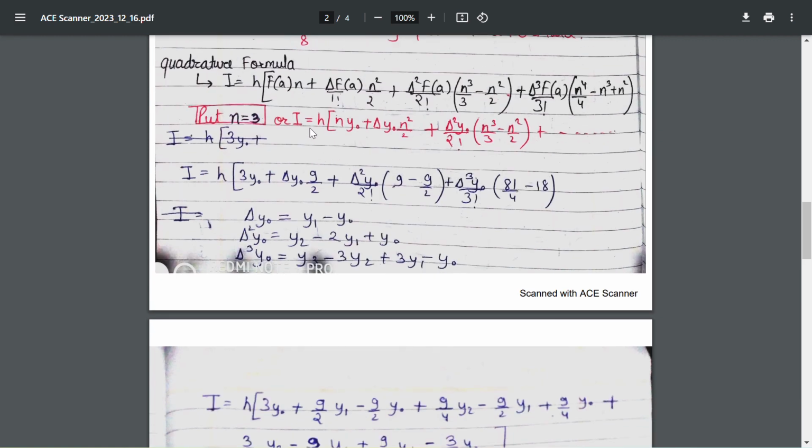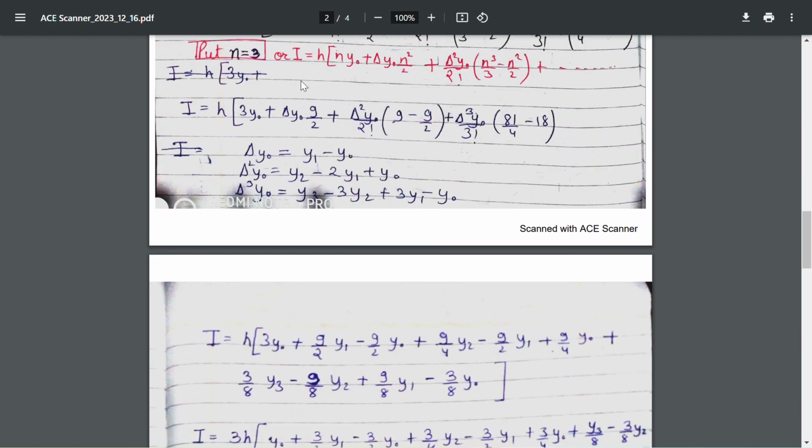On solving this and putting n equals to 3, we get h [3y0 plus del y0 9 by 2 plus del square y0 upon 2 factorial (9 minus 9 by 2) plus del cube y0 upon 3 factorial (81 by 4 minus 18)]. Now we have to find del y0, del square y0 and del cube y0.